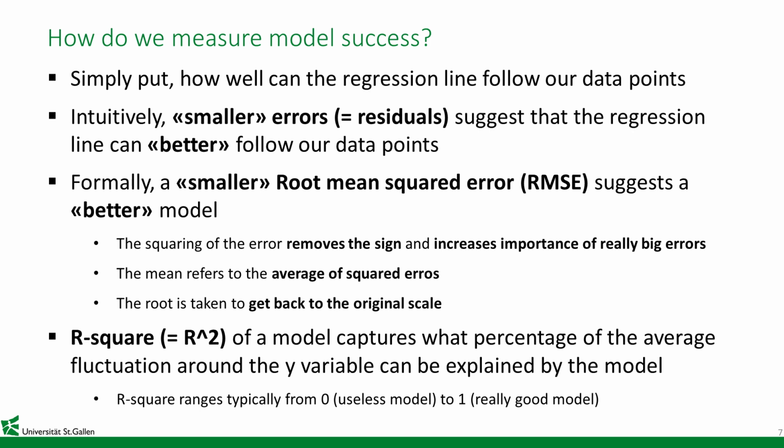So a really big error will get squared and is even bigger. The M stands for the average of the squared errors. So you take the average of all the squared errors in your sample. And then at the end, we still have the R. The R is simply the root, and we take it to get back to the original scale because we don't want to look at errors in squares. So a smaller root mean squared error generally suggests a better model.